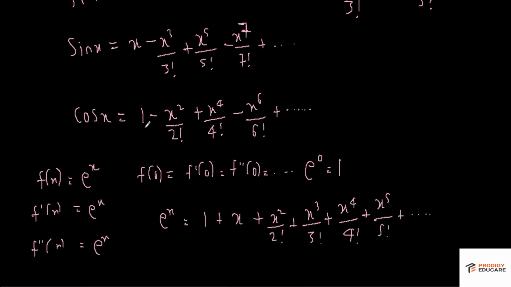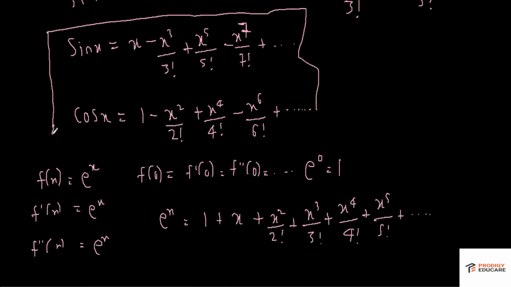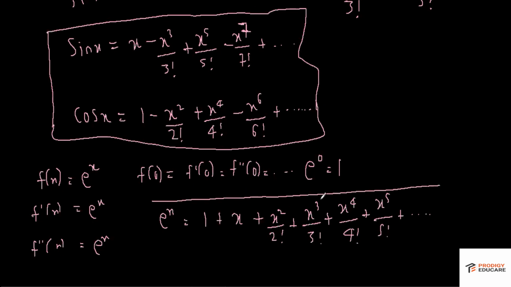So this is the Maclaurin series expansion for e raised to x. Now you have to remember this, which is sin x and cos x. Actually, you have to remember the Maclaurin series expansion for many standard functions, the trigonometric functions, and there are some algebraic functions as well. In fact, the binomial theorem for integral n is derived like this, by this method.